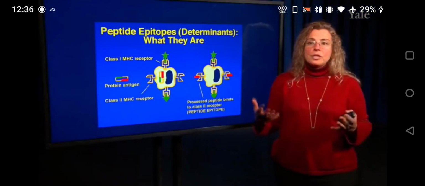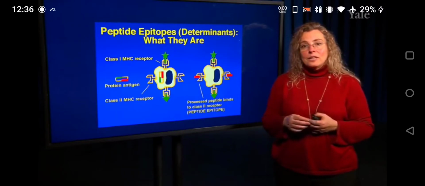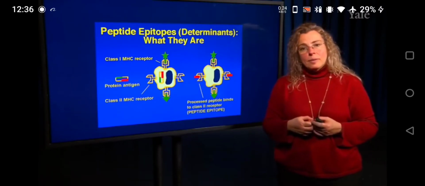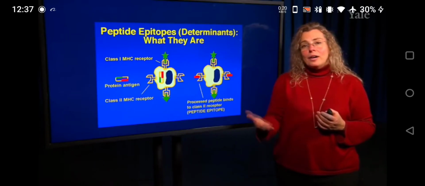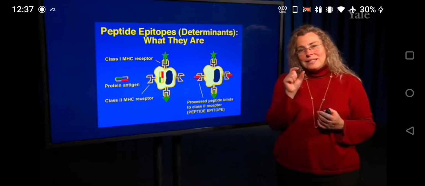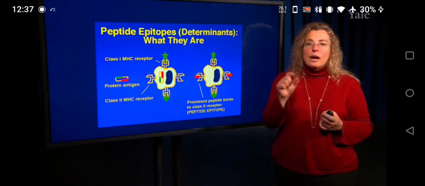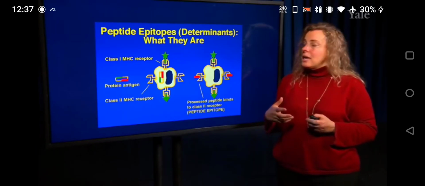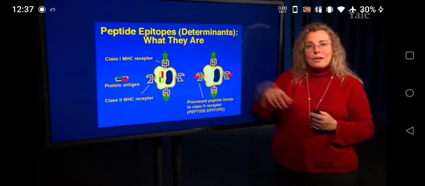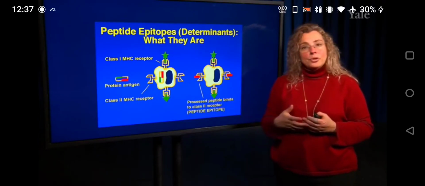Most of the protein doesn't have the right amino acid sequence in order to bind to an MHC molecule. So you don't even need to give an entire protein. You only need to give those small epitopes that are actually what MHC and T cells then interact with. And you can choose either peptides that would bind to MHC class 1 or class 2 or both.